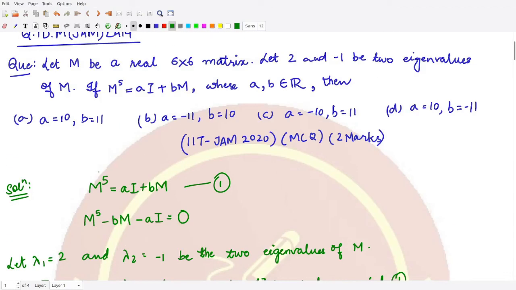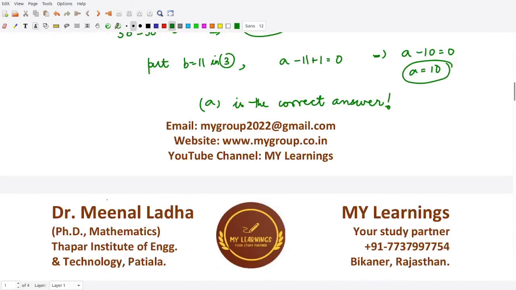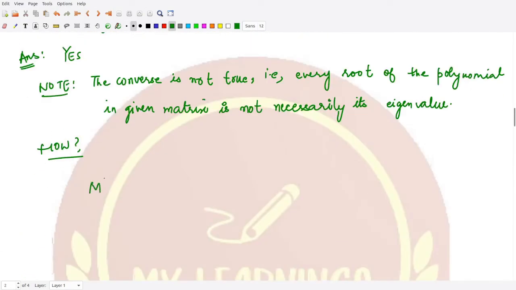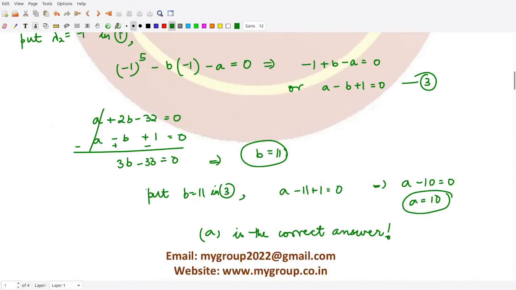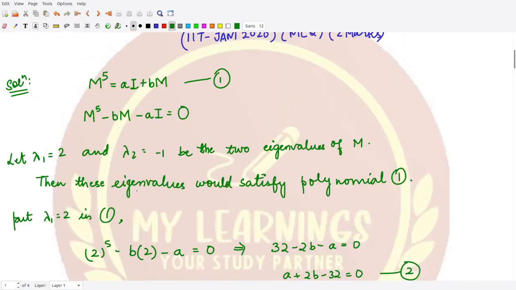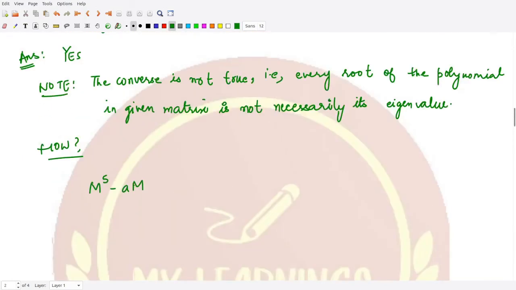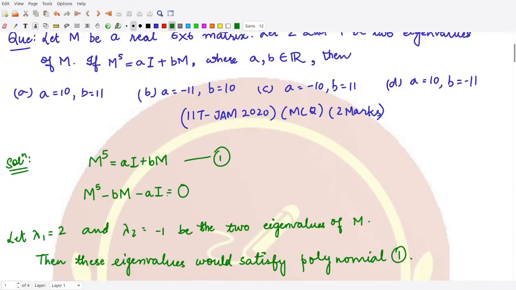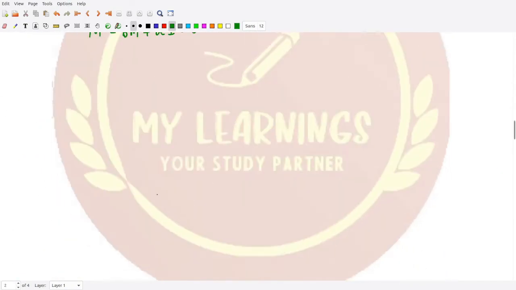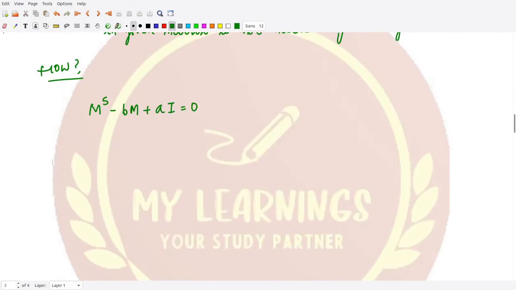Suppose we take the given polynomial only. So we have M raised to power 5 minus b times M minus a times I, that is equal to the zero matrix, right? So this is what you are given.